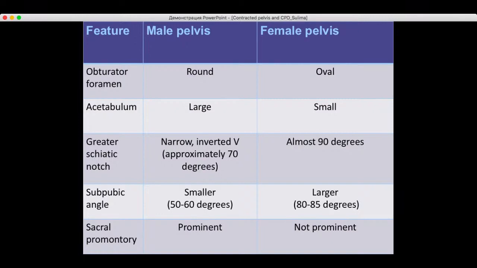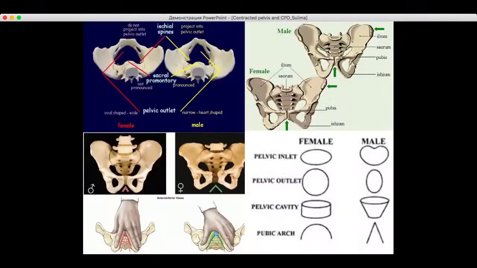Normally, you can't palpate the sacral promontory if you have a normal female pelvis, because it's not prominent, and that's why you can't measure the diagonal conjugate.